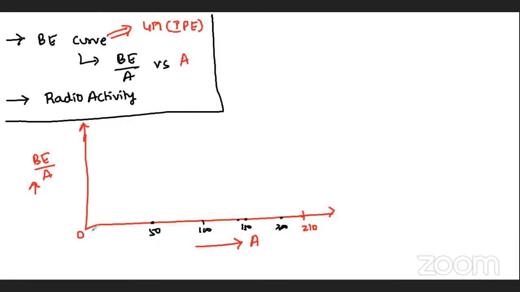As the mass number increases, binding energy per nucleon will also increase. Let us consider lithium, and then sodium, calcium, and then zinc, approximately up to atomic number 30.